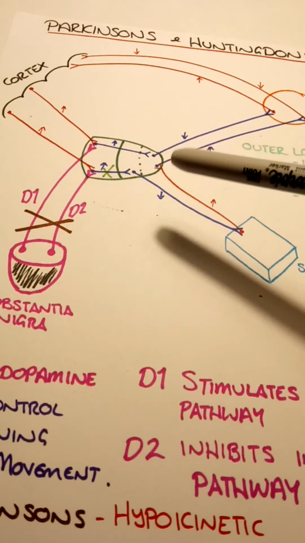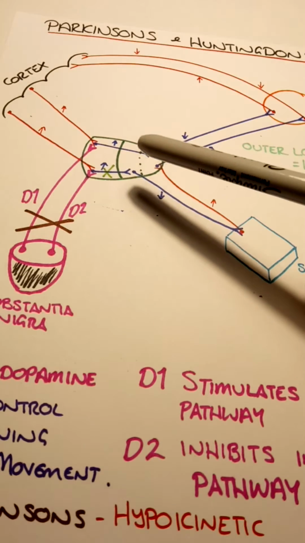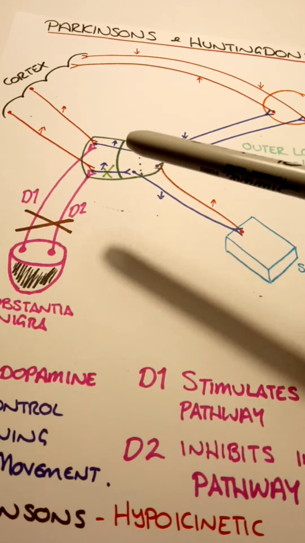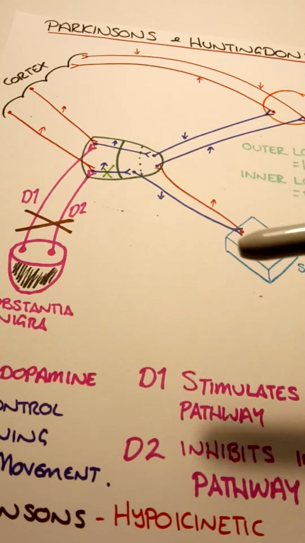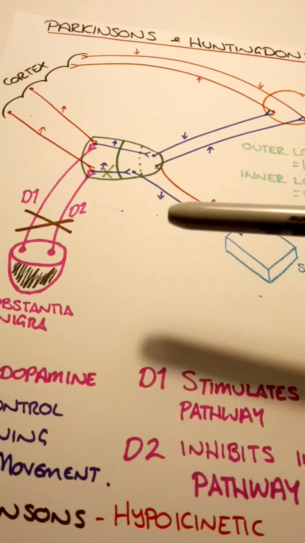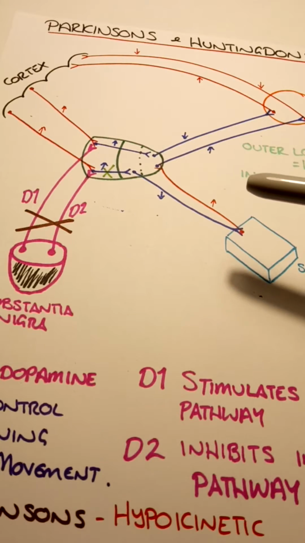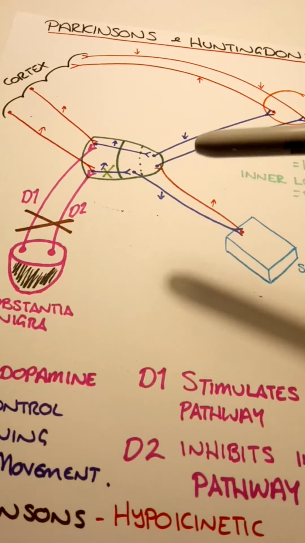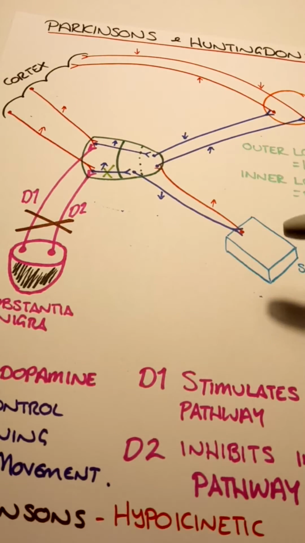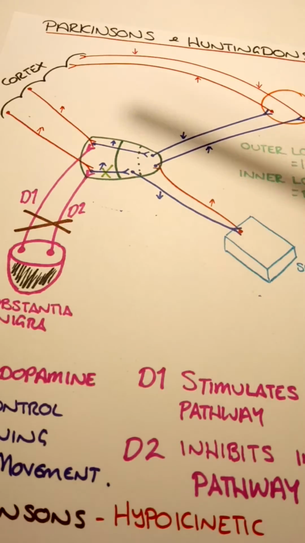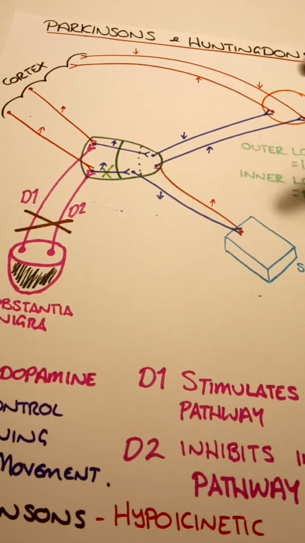Once the whole nerve is knackered, then you effectively lose your indirect pathway. And all that is left is your direct pathway. And what does the direct pathway do? The direct pathway, boof, boof, boof, is to excite the cortex.